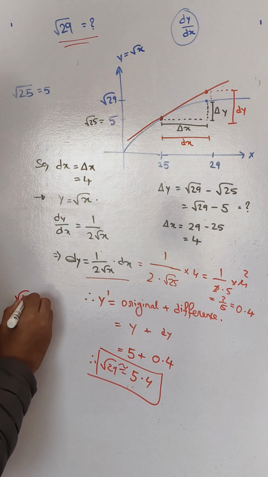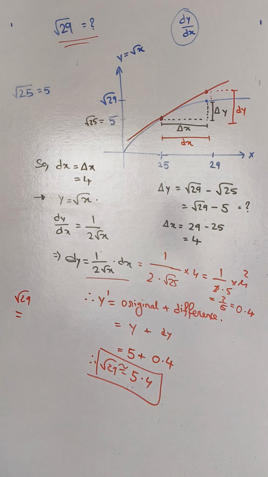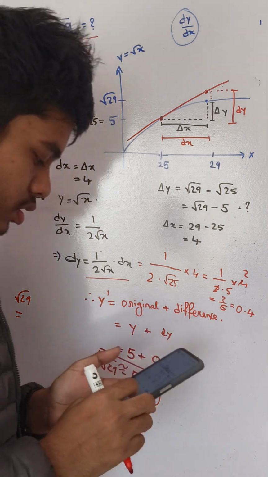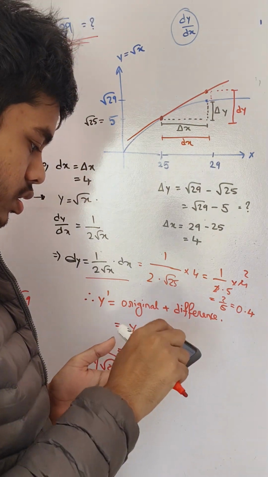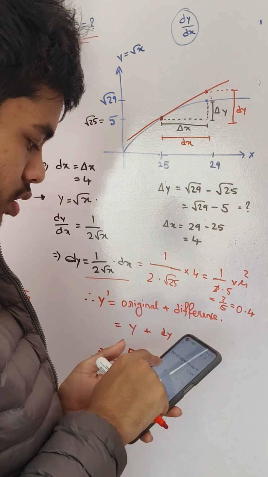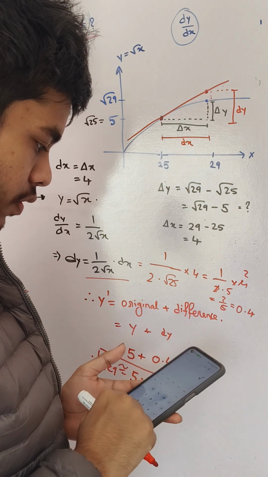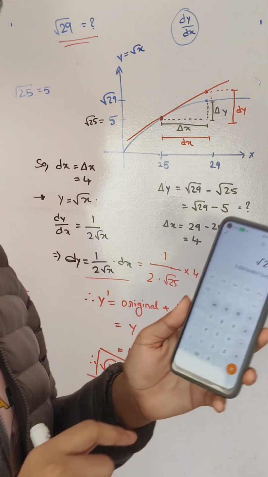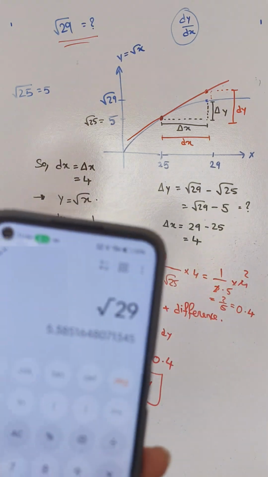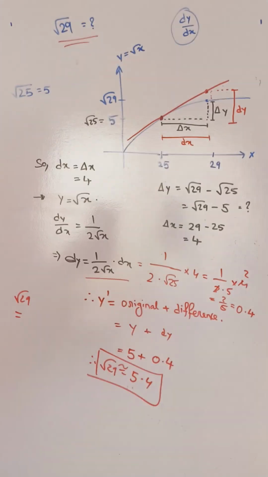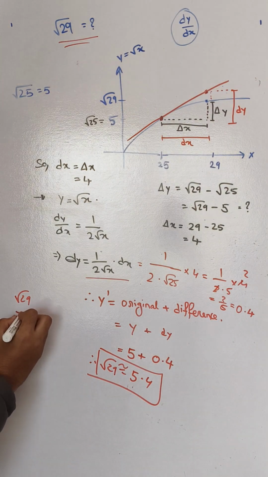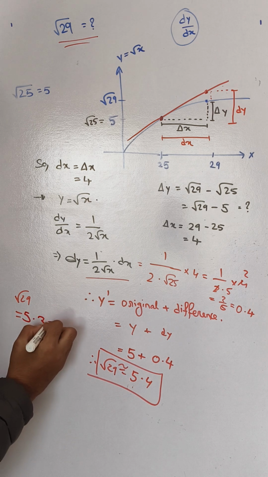Now, using a calculator, let's take the value. Root under 29 is 5.385.